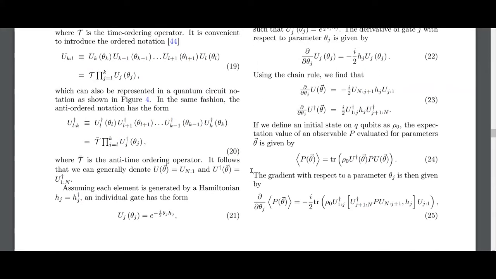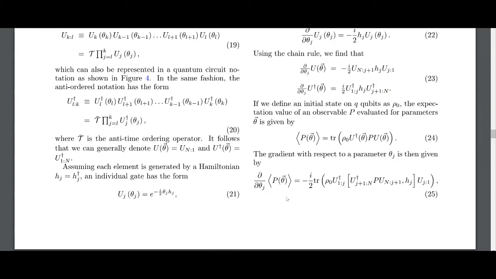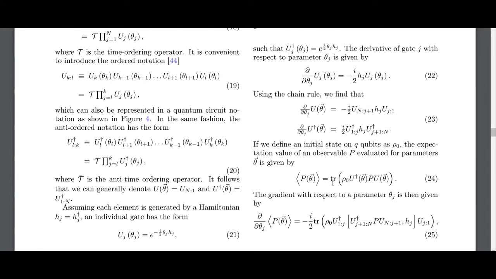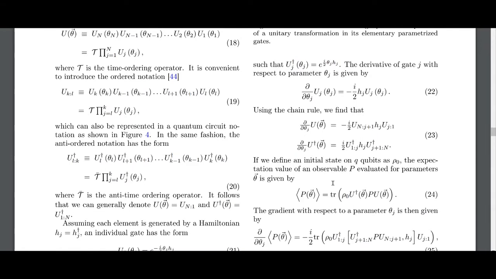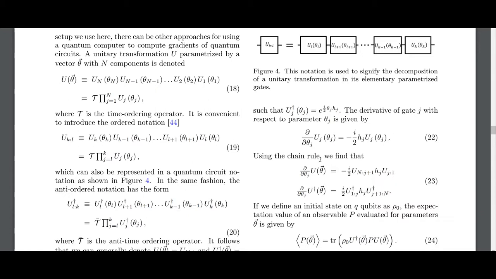So the gradient with respect to the parameter is given by this. So the derivative of gate J with respect to parameter theta J. The problem is the concept of the derivative is always a bit abstract, right?